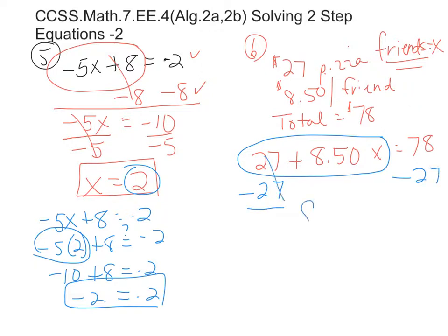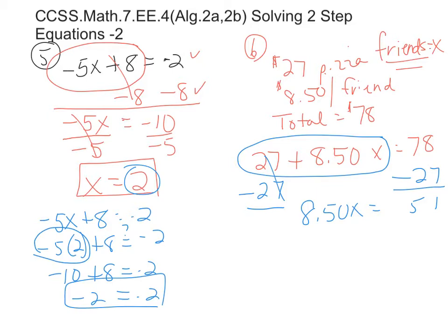And you're going to get 8.50x equals, and when you subtract that, you get $51, because this is a positive 78, and it's subtracted 27 out for the popcorn.